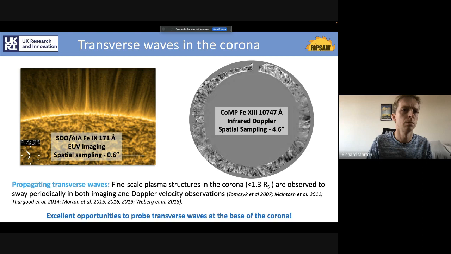So it's very much an Alfvénic mode. The things we're seeing with CoMP are Alfvénic in nature. You can categorize them as a kink if you really want to, but Alfvénic is a better phrase in my opinion. And one of the nice things about the kink mode is that the phase speed depends upon the magnetic field strength and the density in the long wavelength limit. This makes it useful for seismology.